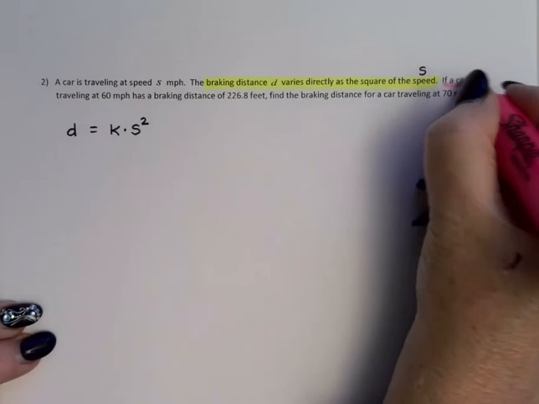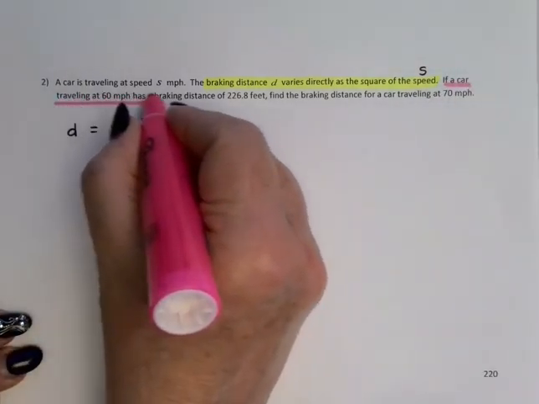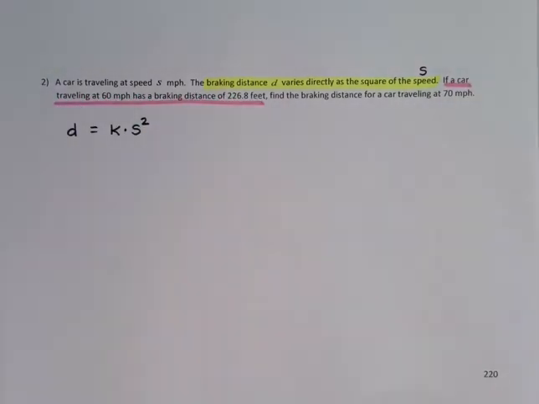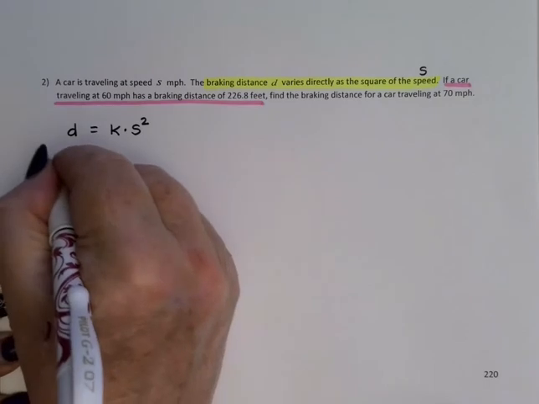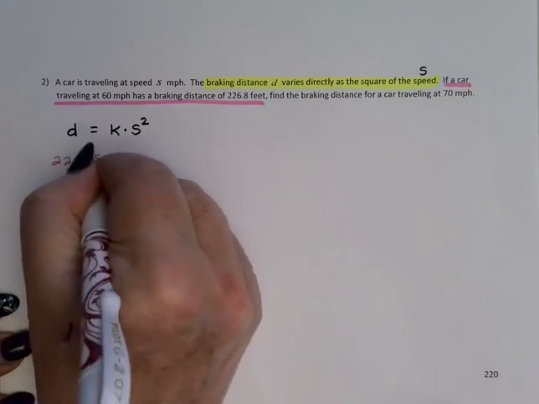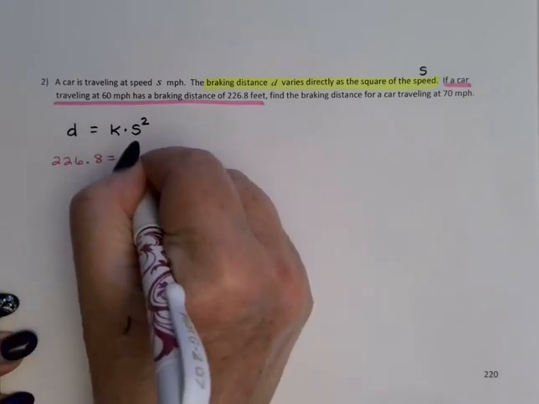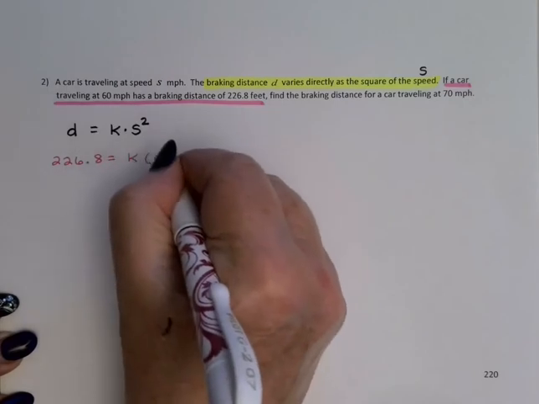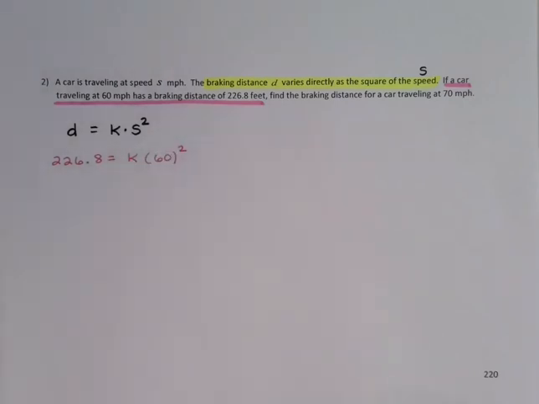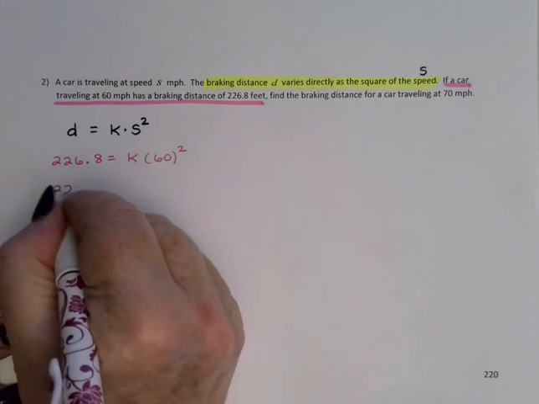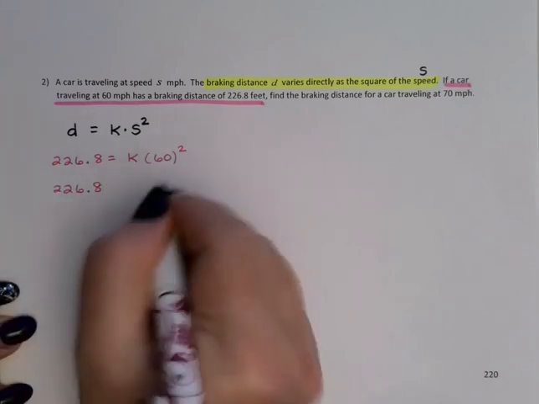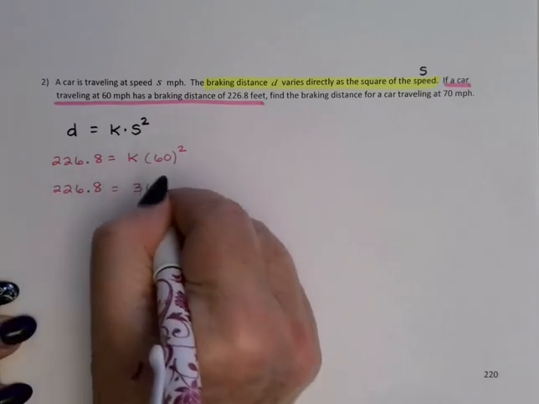All right, we know that a car traveling 60 miles an hour has a braking distance of 226.8 feet. So d would be 226.8. That's equal to k times our speed, 60 squared. 60 squared is 3,600.